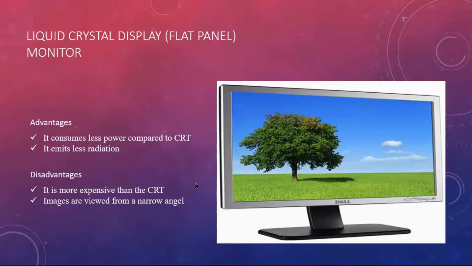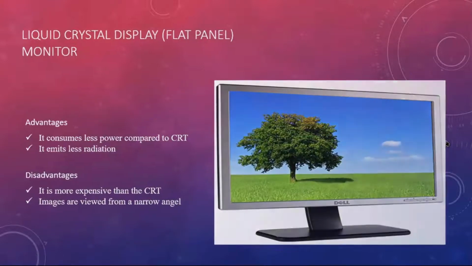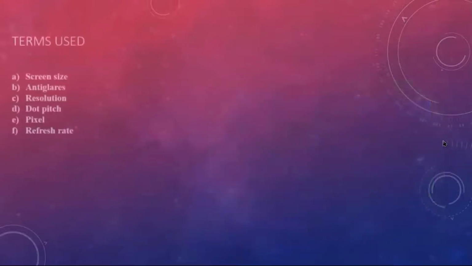Tilt the laptop in a way that your face is higher than the screen, and look at whatever is playing on the screen. You'll notice that the images are blurred. They're not clear enough for you to understand them. Those are the two disadvantages of a liquid crystal display flat screen or monitor compared to the CRT. Now, moving on to the next slide.